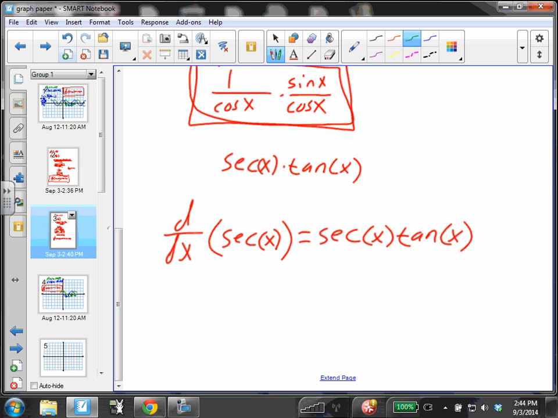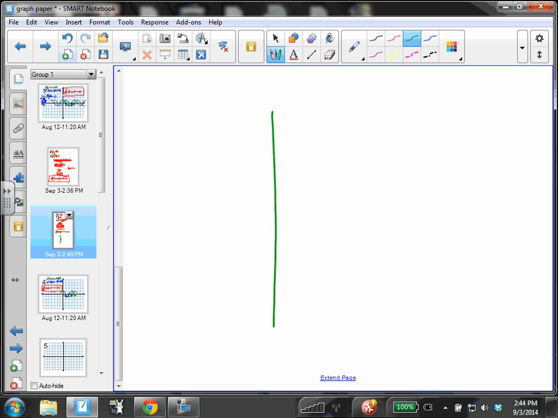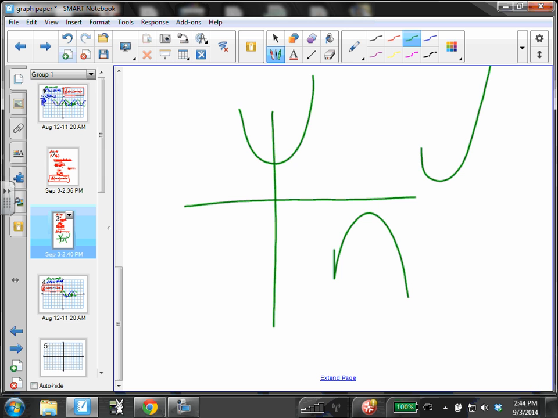How would you graph the derivative? Well, this graph is actually going to be pretty complicated. The graph of secant looks like the U's that go up and down. So the graph of the derivative is secant times tangent. It works out, but the graph of the derivative is actually going to look pretty different. For this one in particular, it's going to hit 0 right here.